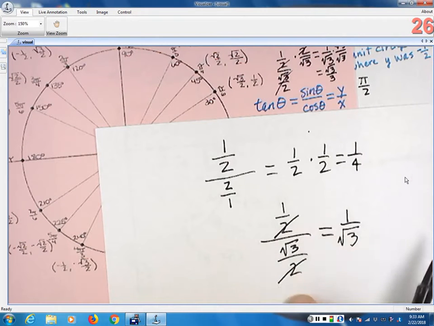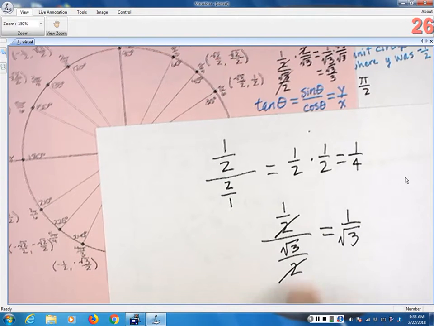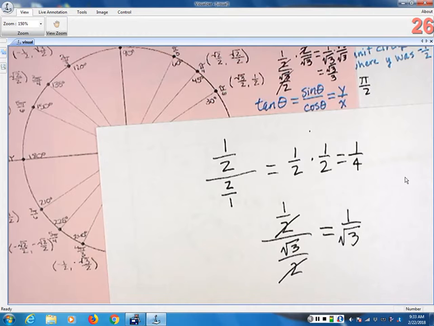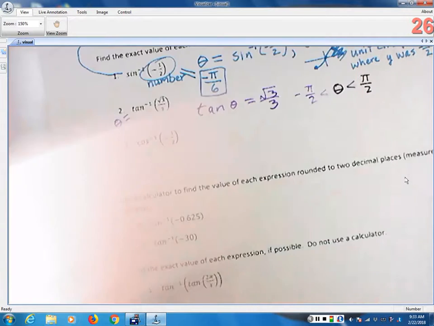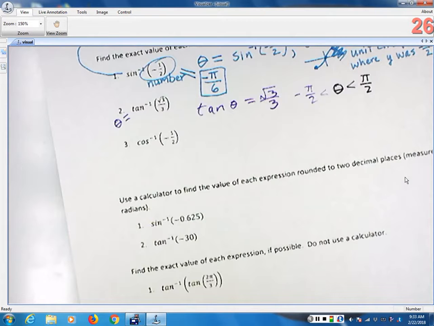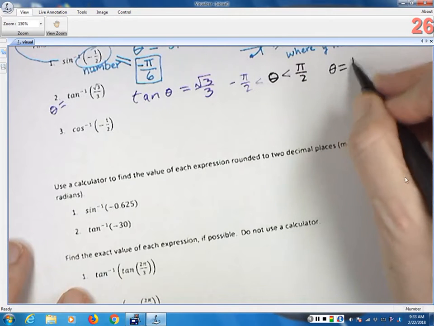And that's always going to be the case on that unit circle. So you're going to be canceling those denominators in one step instead of 2 if you want. Okay, so we got that, and the answer is theta is pi over 6.